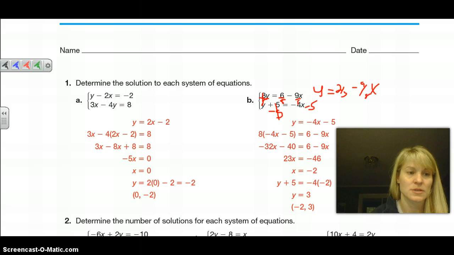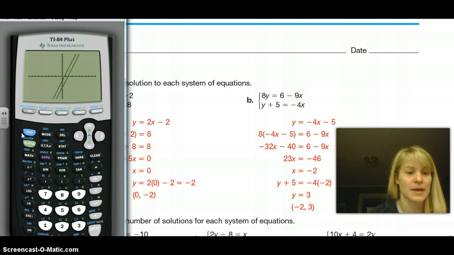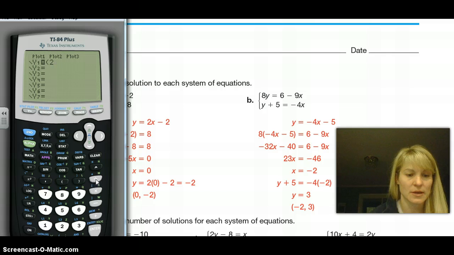So I just took those and solved them and put them in slope-intercept form, and then went to my calculator here, put them in here, and then I graphed them. Is that the right one? Nope, that's not the right one. Oops, hold on. So here we have, that was 2/3, so you had to put that in a parenthesis, minus parentheses 9/8 x.